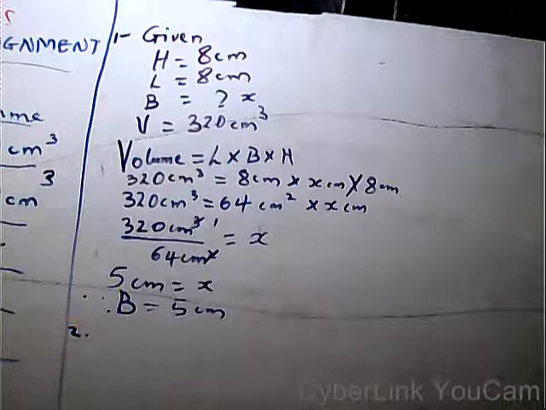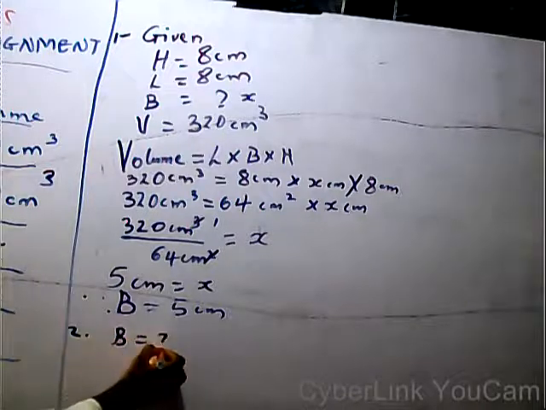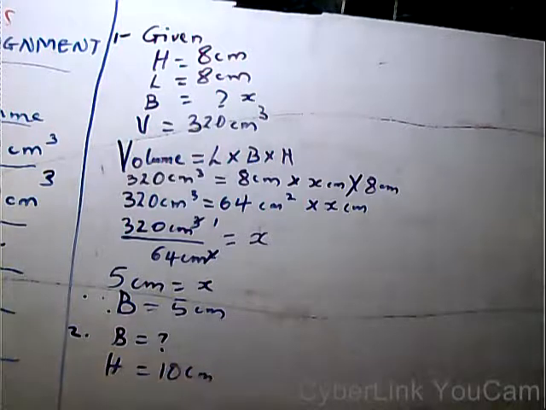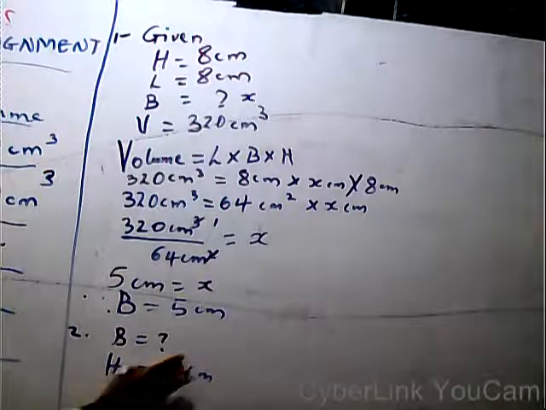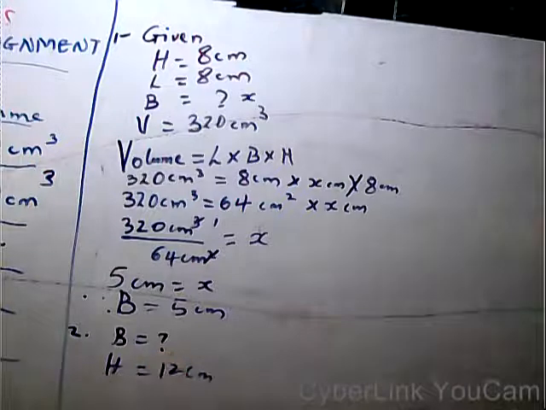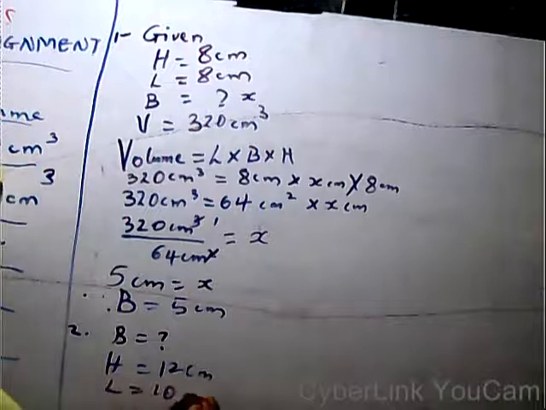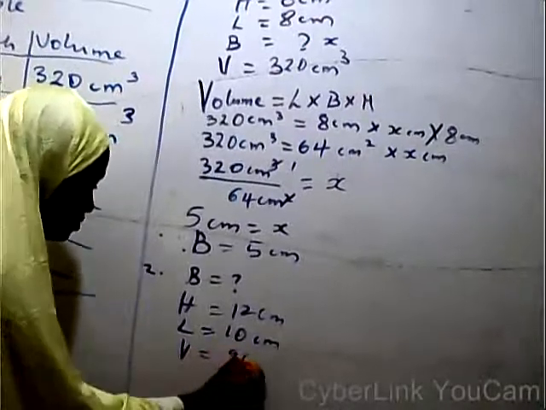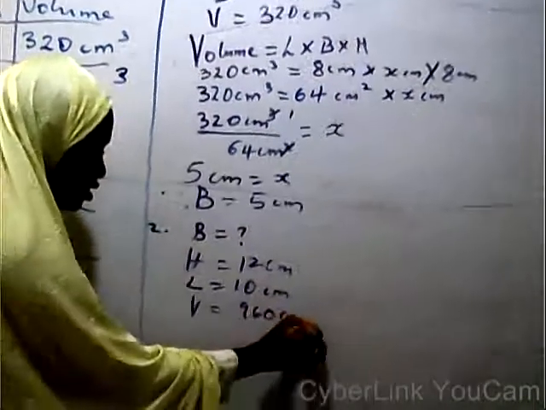The second one says we should look for the base, just like the first one. We are given the height to be 12 centimeter, and our length to be 10 centimeter, and our volume to be 960 centimeter cube.